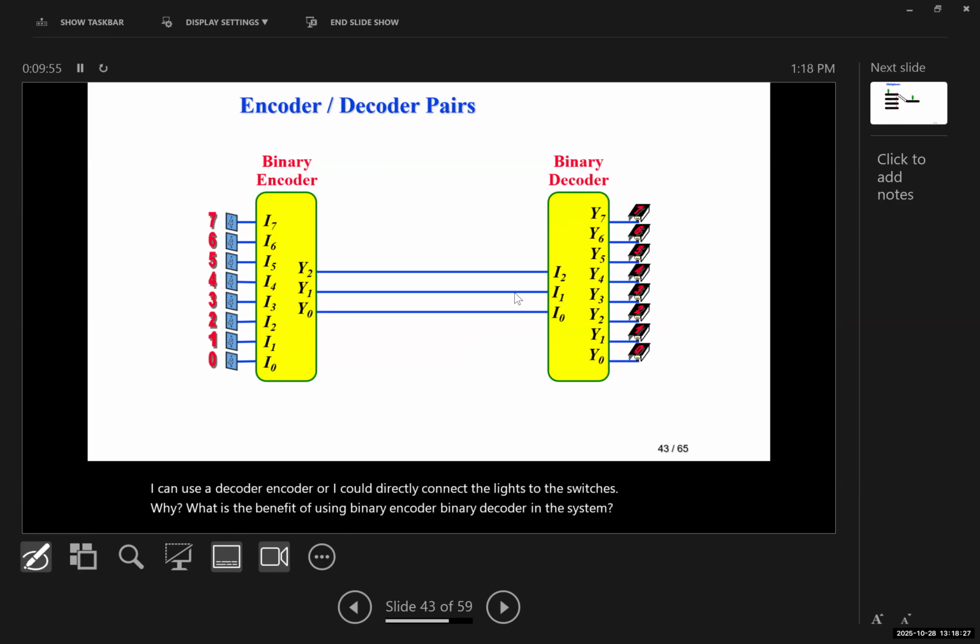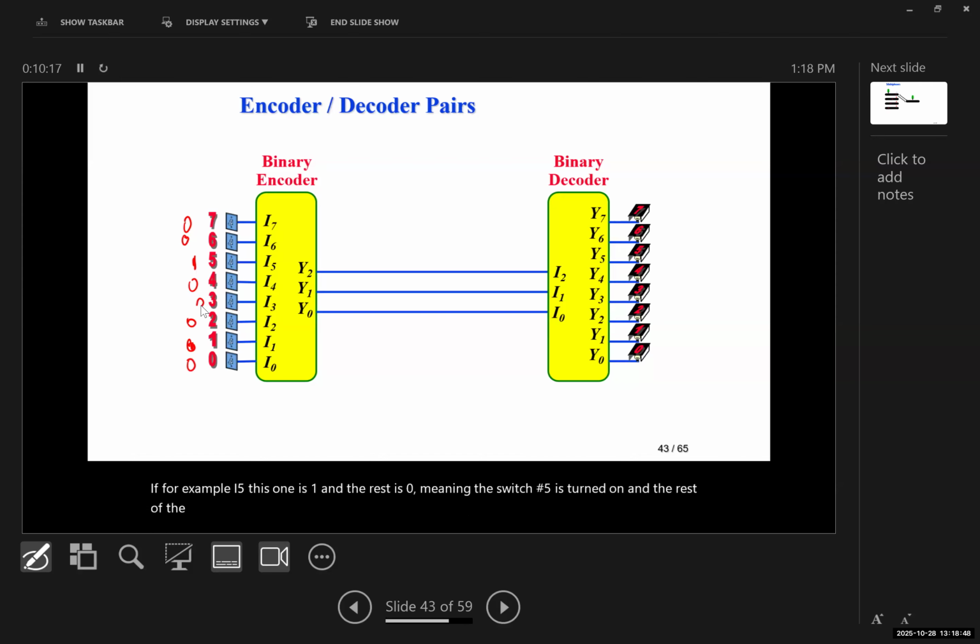Can you think of what benefits this gives us using the encoder-decoder pair? By the way, in this pair, if, for example, I5 is 1 and the rest is 0, meaning switch number 5 is turned on and the rest of the switches are turned off, then the output is going to be equal to 1, 0, 1.